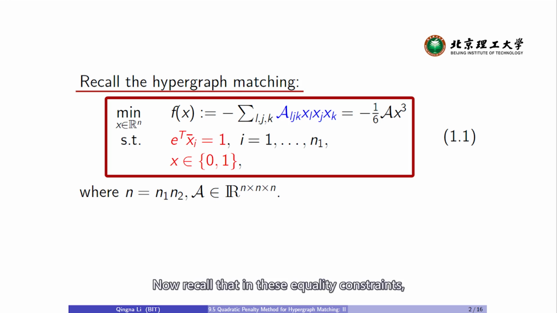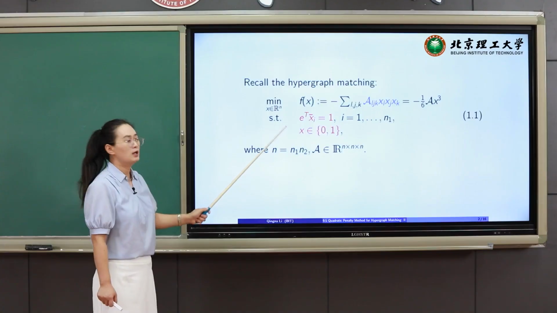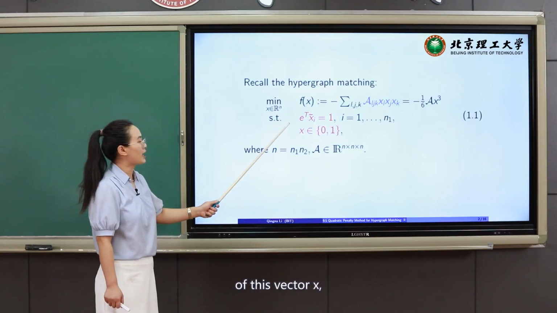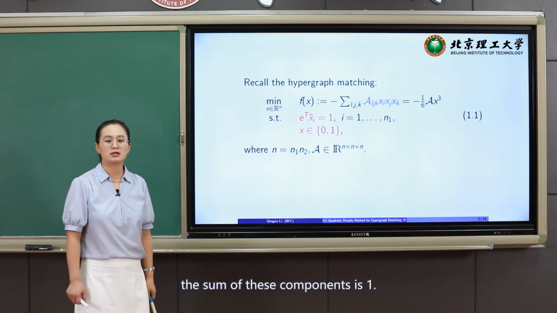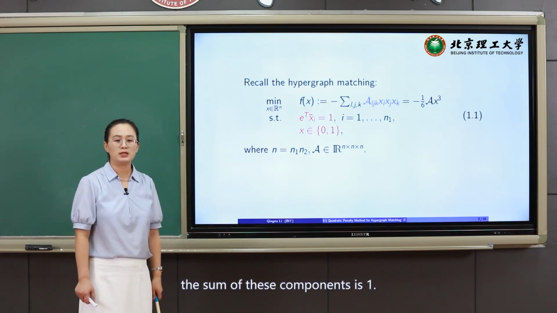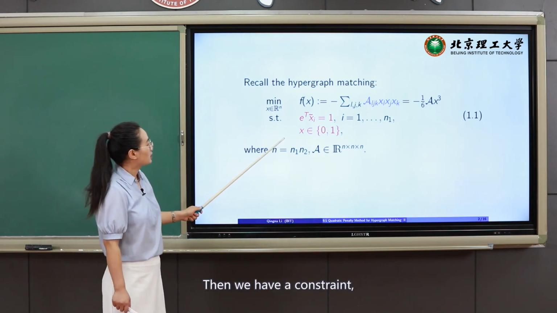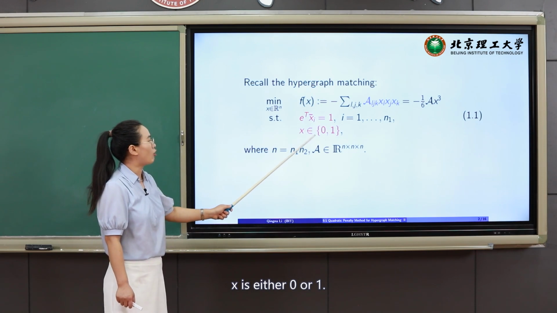Now, recall that the equality constraints mean that for each block of this vector x, the sum of the components is 1. And then we have a constraint that x is either 0 or 1.